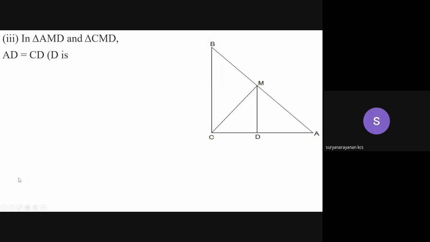AD is equal to CD. Yes or no? Because D is a midpoint of AC. We can say that CD is equal to AD or AD is equal to CD.